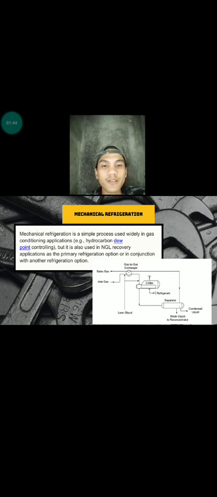Mechanical refrigeration is a simple process used widely in gas conditioning applications and hydrocarbon dew point controlling, but it is also used in NGL recovery application as the primary refrigeration option or in conjunction with another refrigeration option.